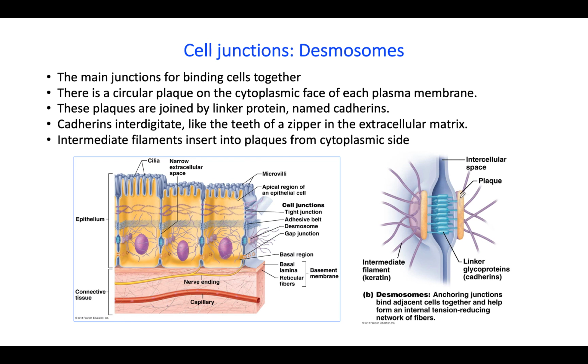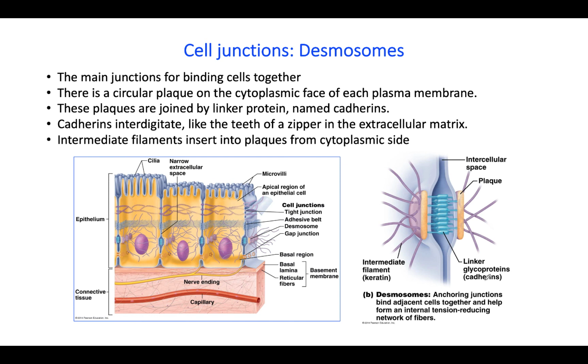The other cell also has a plaque. This plaque also has linker protein named cadherin. And this cadherin is going to interdigitate. So cadherin is embedded in this plaque and projects through the cell membrane to link with cadherin molecules of adjacent cells.